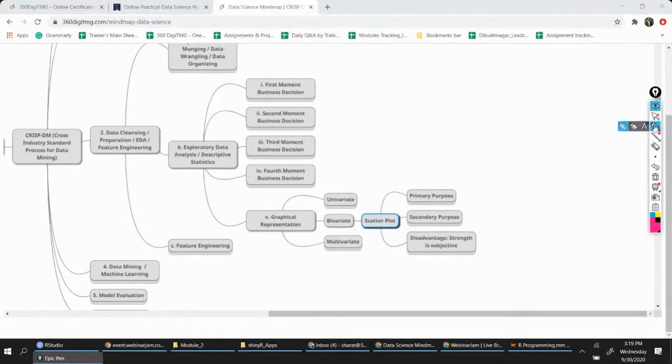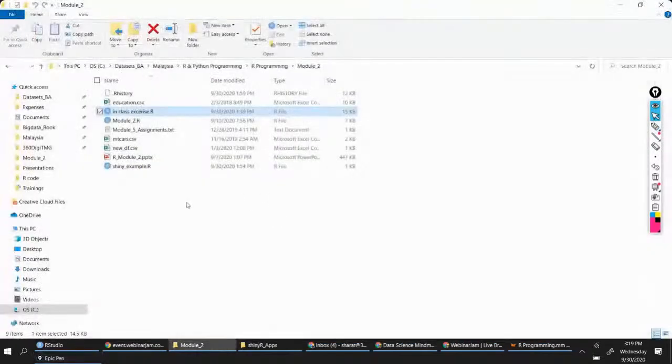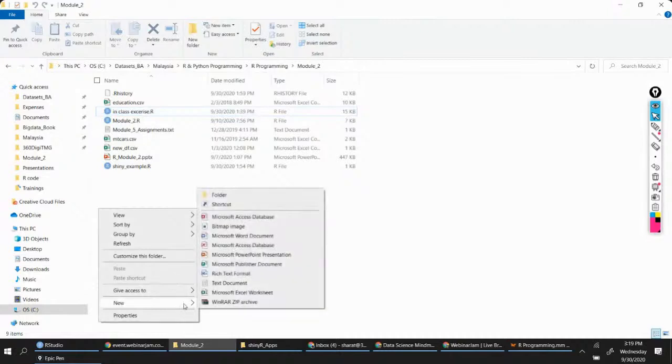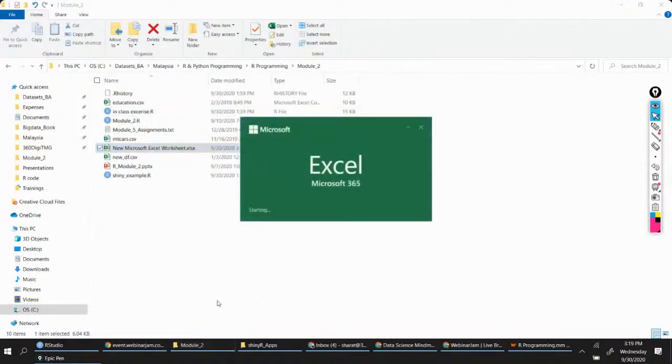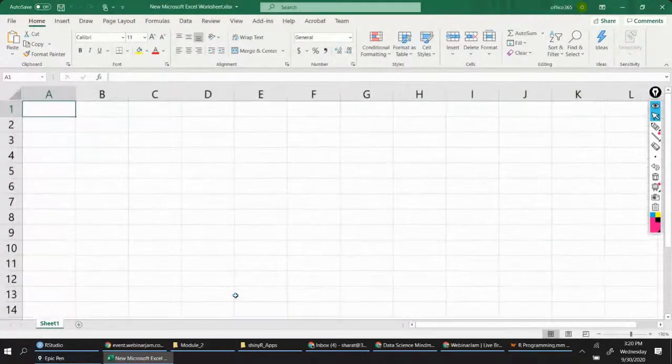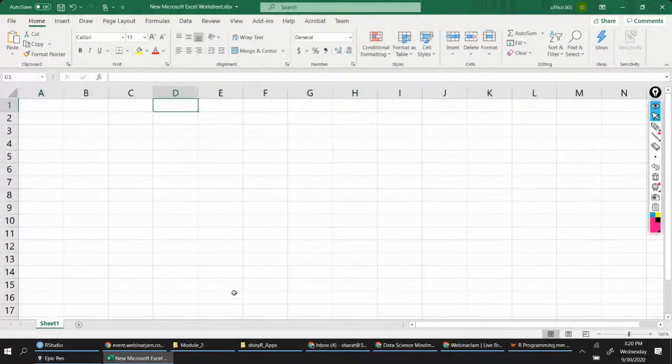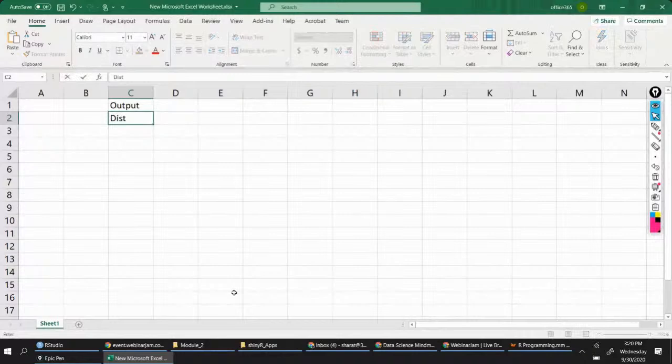Okay, so let me record this. I will open an Excel sheet, just create an empty Excel sheet. So let me record the output that we are trying to predict. What is the output? The output is the distance.